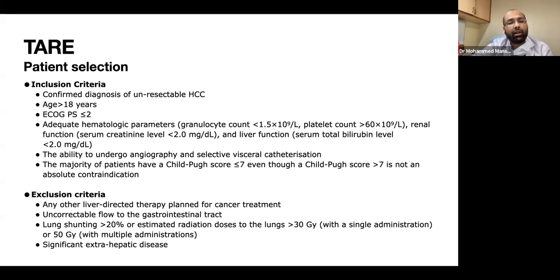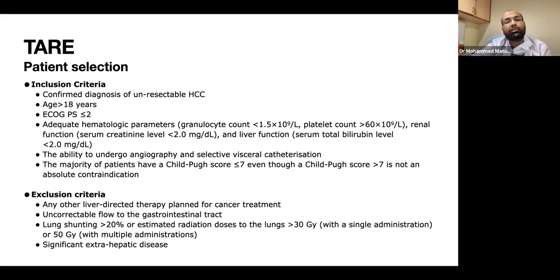The exclusion criteria: any other liver-directed therapy, if it is planned, then we cannot plan it along with that. And if there is an uncorrectable flow to the gastrointestinal tract, that is an aberrant artery arising from one of the hepatic arteries and supplying the small bowel, that can cause radiation damage to the duodenum or stomach, that makes it a contraindication.